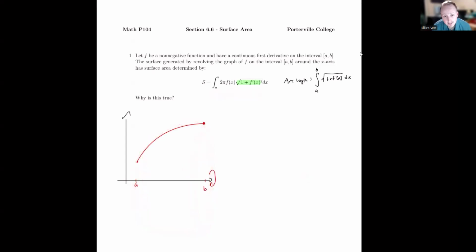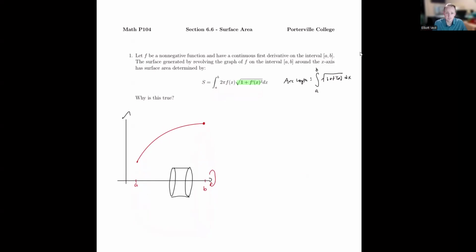Well, if we were to compare it to something we already know, imagine if instead we had just a straight line here like this, and then rotated this straight line along the x-axis. You would end up getting a cylinder, like so.